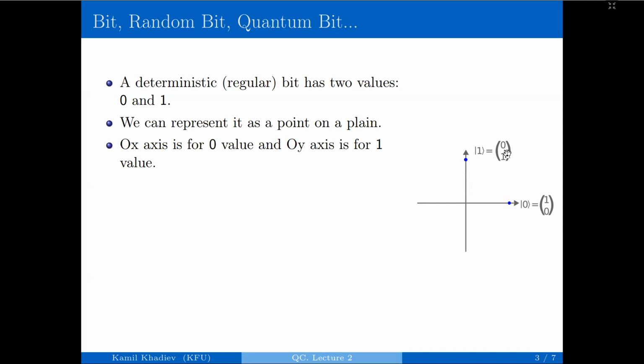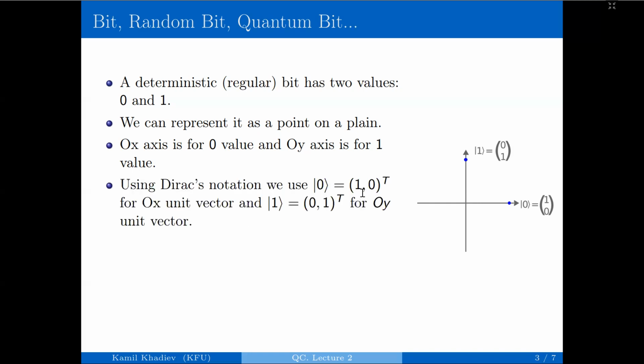And because it is a vector, we will use the notation typically used in quantum physics, called Dirac notation. The unit vector for the 0 axis, that is 1, 0, we denote with a line, 0, and a kind of bracket.